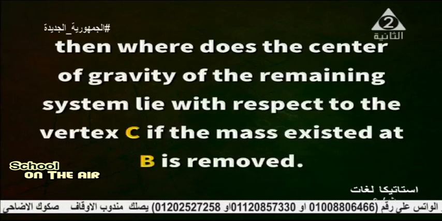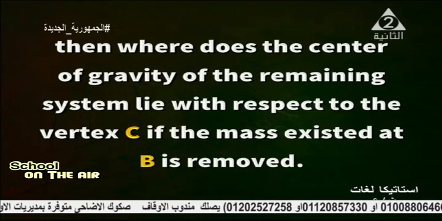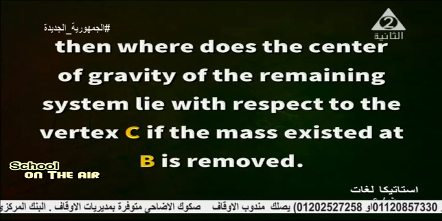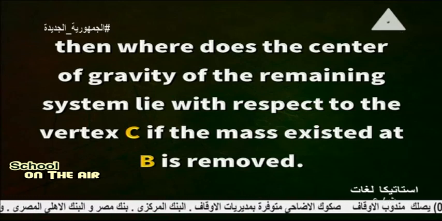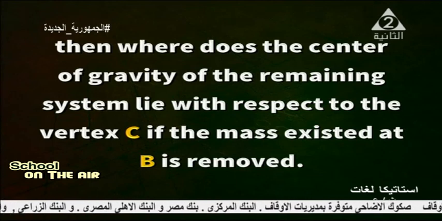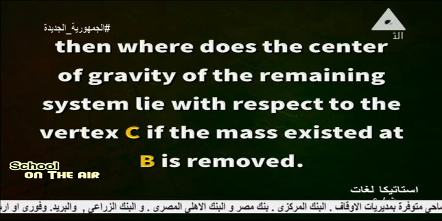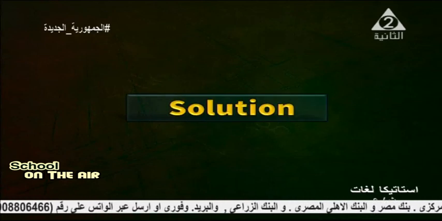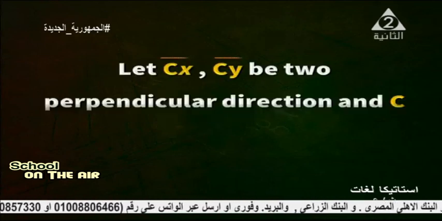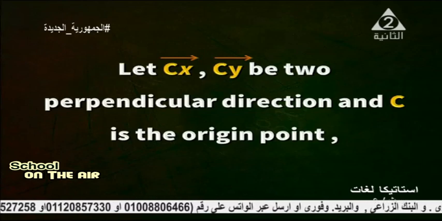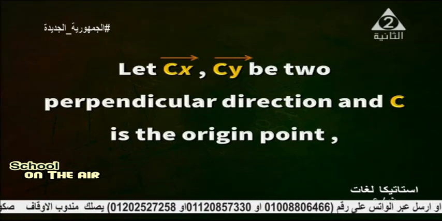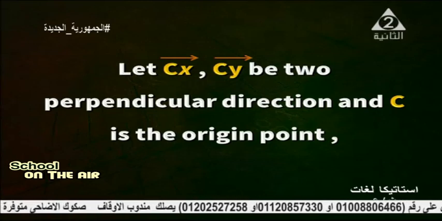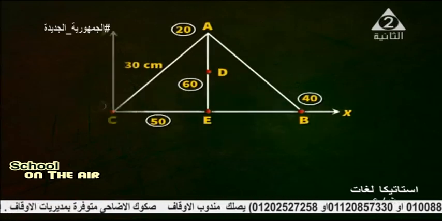Then where does the center of gravity of the remaining system lie with respect to the vertex C if the mass exerted at B is removed? Solution. We suppose CX, CY are two perpendicular directions and C is the origin point.